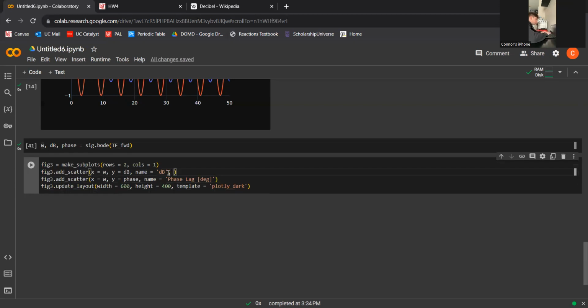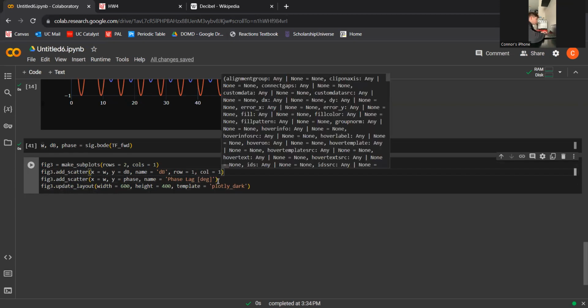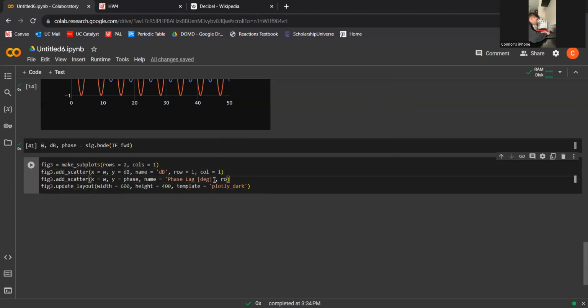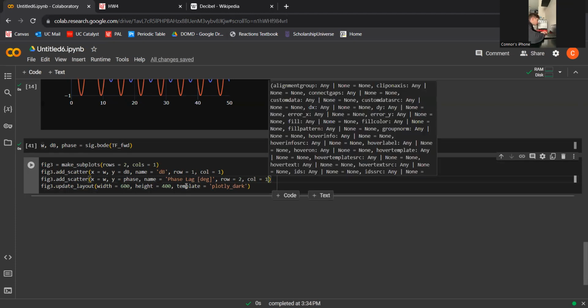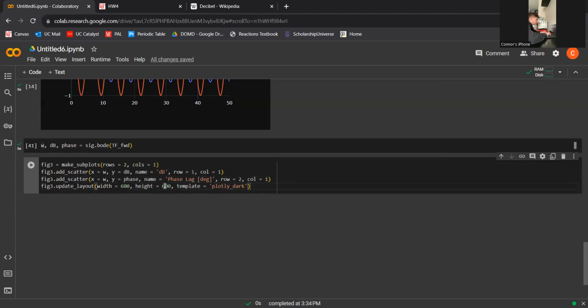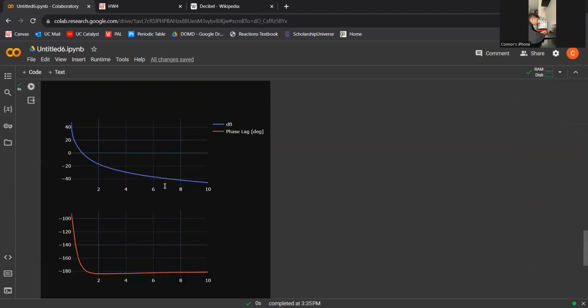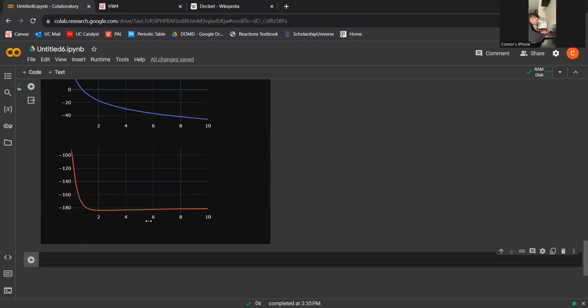We need to specify what row and column each of these plots are in. And then just update this really quick. So as you can see, this top plot is our frequency versus our decibel plot, and then this is our frequency versus our phase plot.